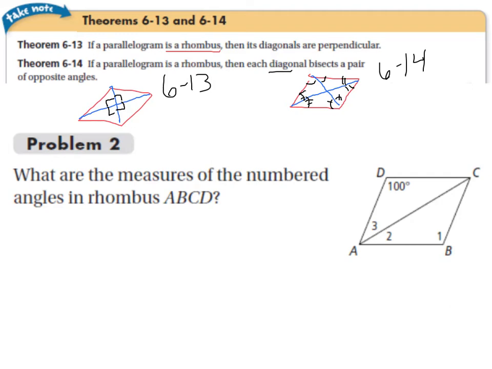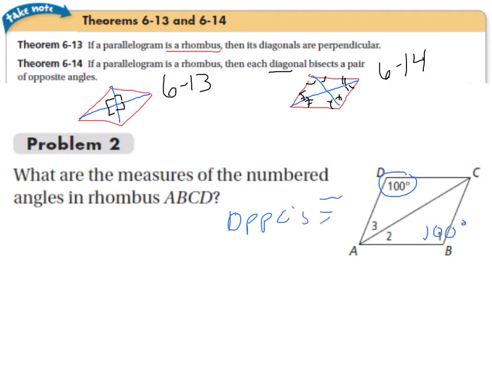So what are the measures of the numbered angles? Well, if I'm looking at this, it's saying that this is a rhombus, so that definitely means it's a parallelogram. So if angle D is 100, I know angle 1 has to be 100 degrees because opposite angles are congruent, because that's a characteristic of a parallelogram.